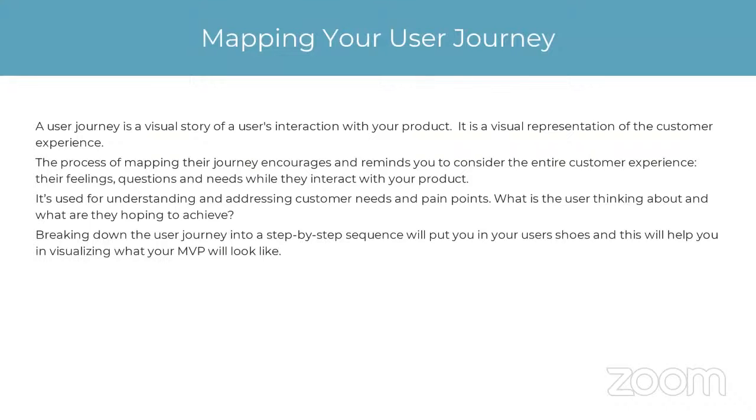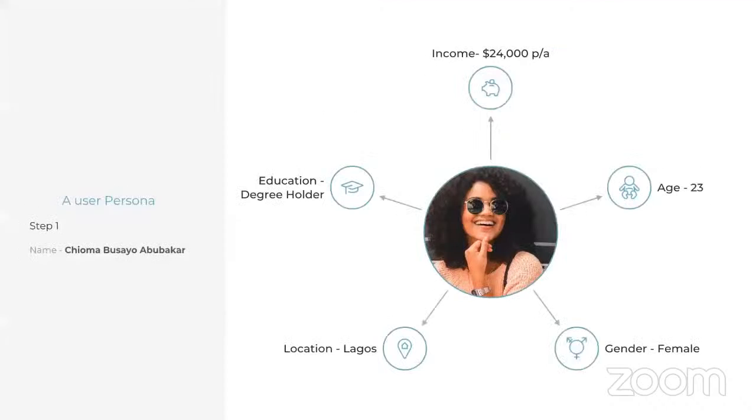It is used for understanding and addressing customer needs and pain points. What is the user thinking about, and what are they hoping to achieve? So breaking down the user journey into a step-by-step sequence, we put you in your customer's shoes, and this will help you in visualizing what your MVP will look like.